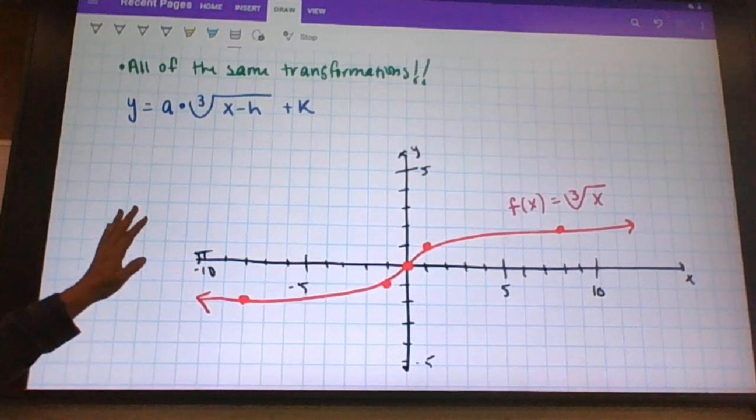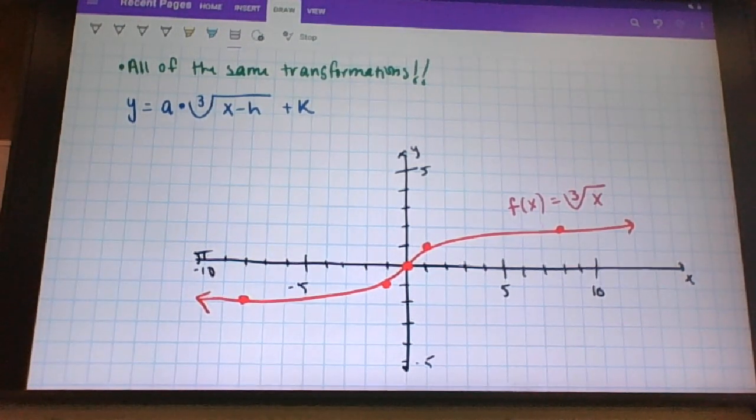So for that reason, I find this one less interesting than this one. This one has an endpoint that's kind of like, ooh, what's going on with you? But that one just kind of goes both ways.